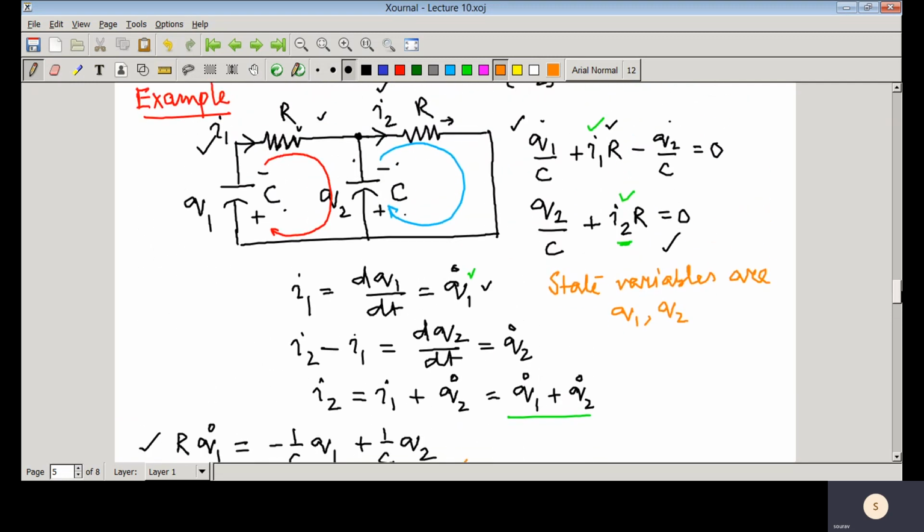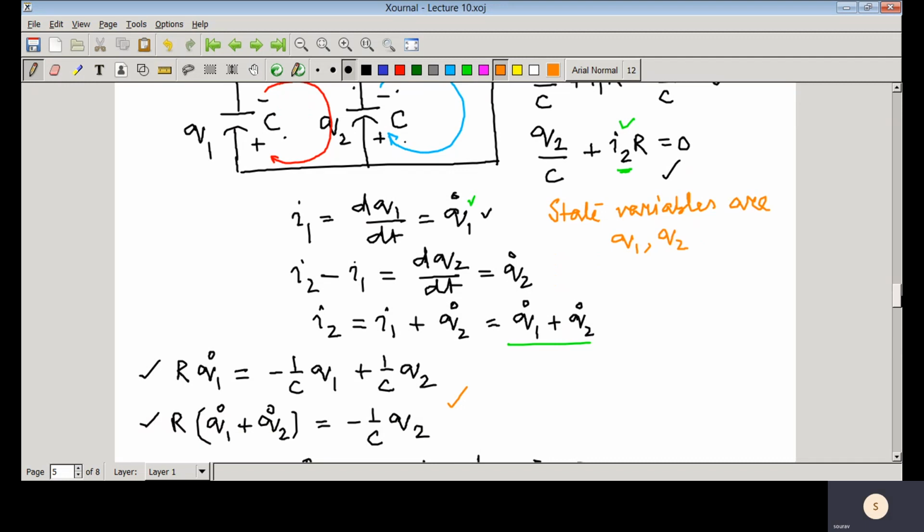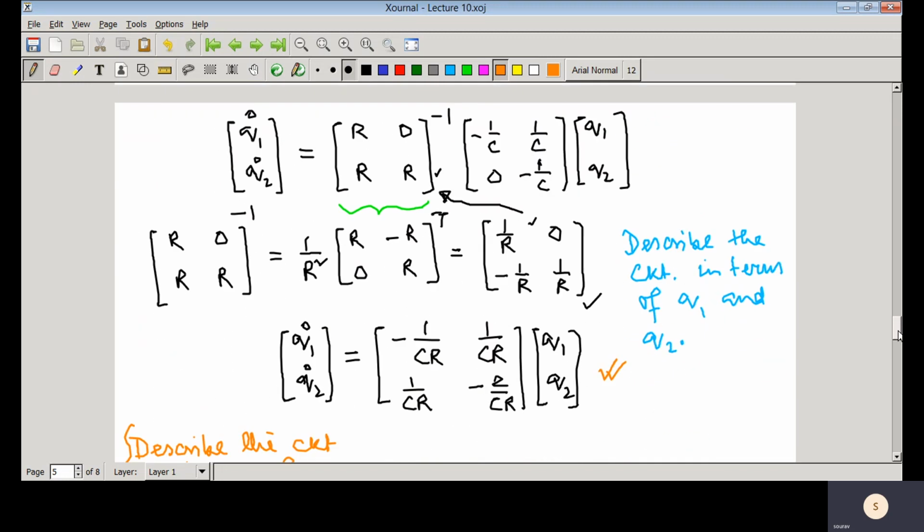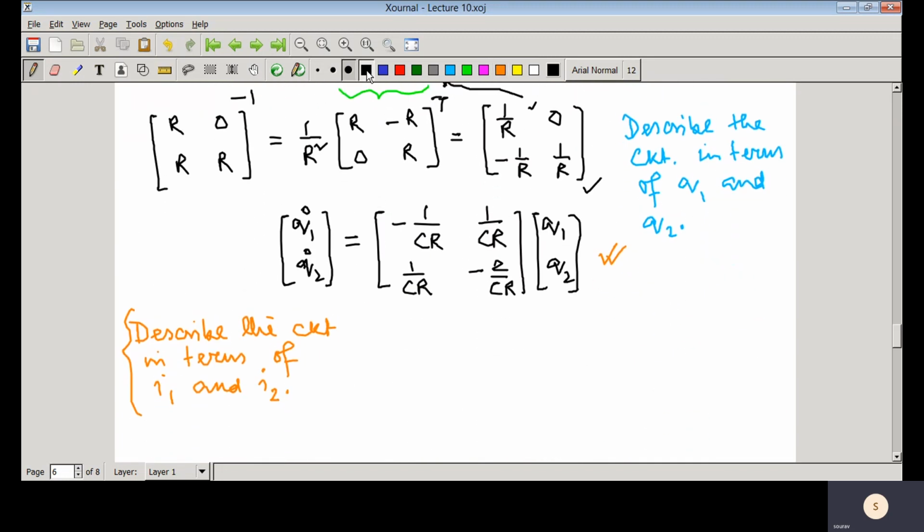Here we have represented it in this form: 1 by C dq1 by dt plus R di1 by dt minus 1 by C dq2 by dt equal to 0.